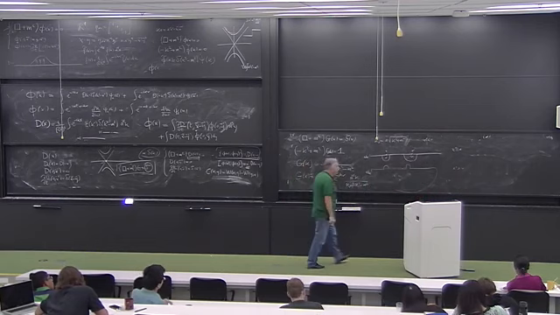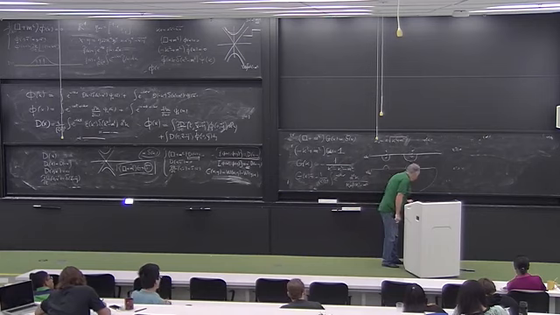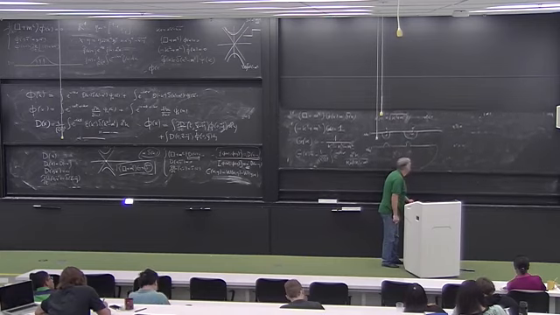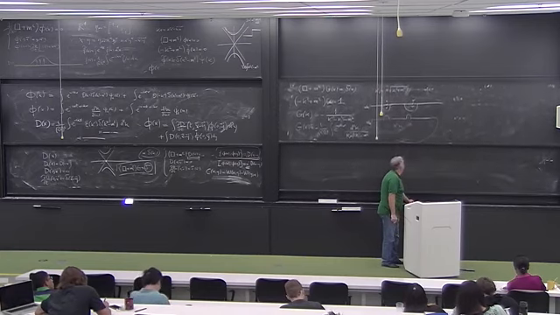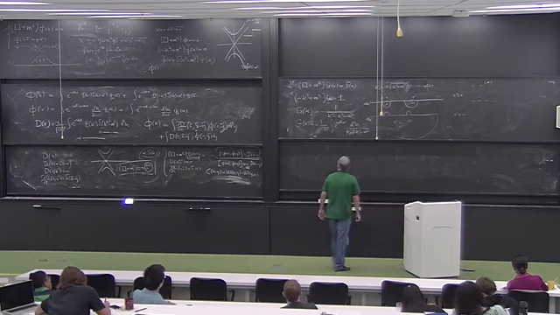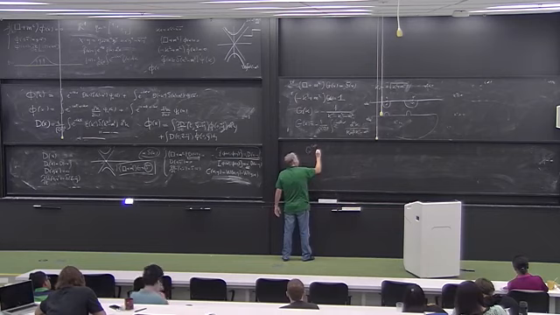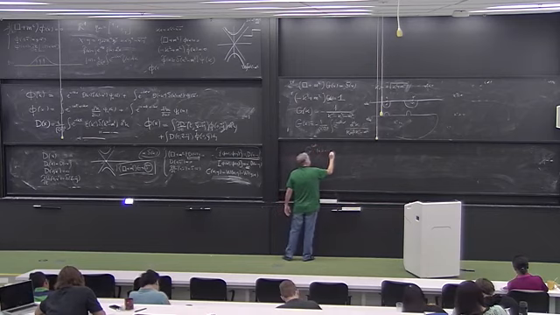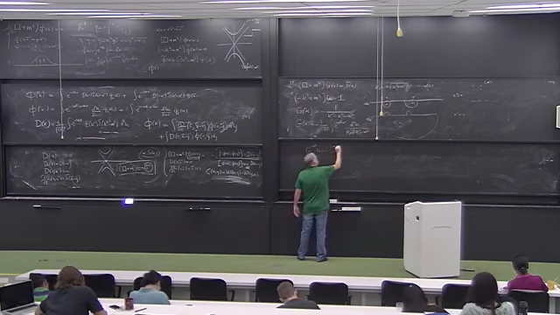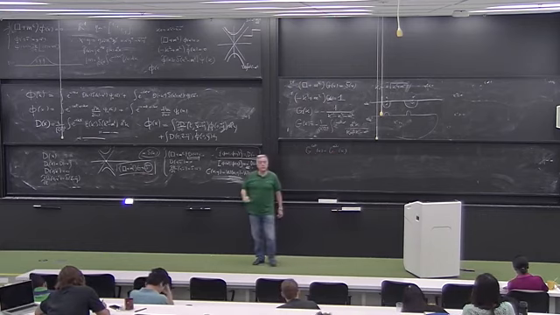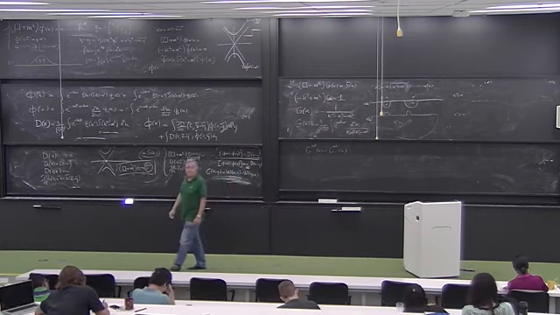But the thing that is important for us, so let's compute this difference. G retarded of x minus G advanced of x. You know the Sokhotski formula?